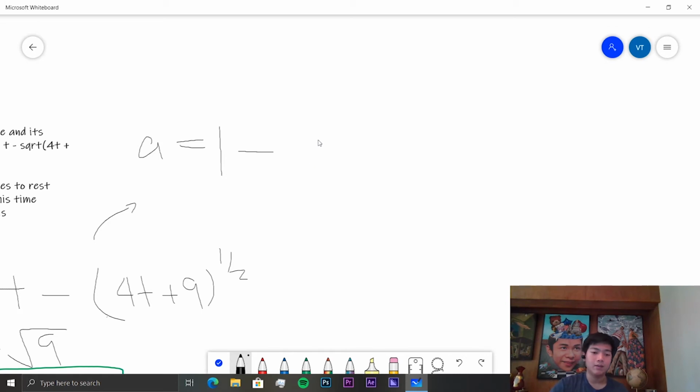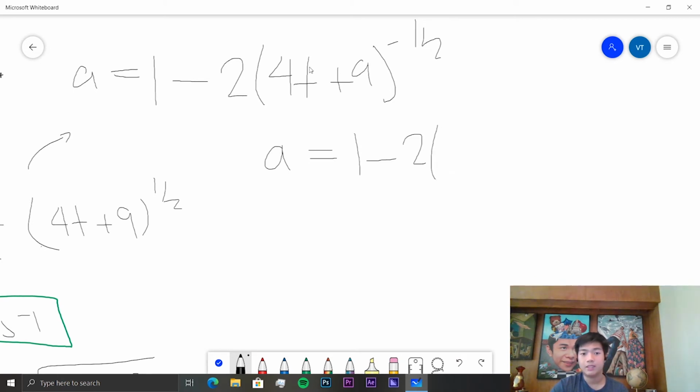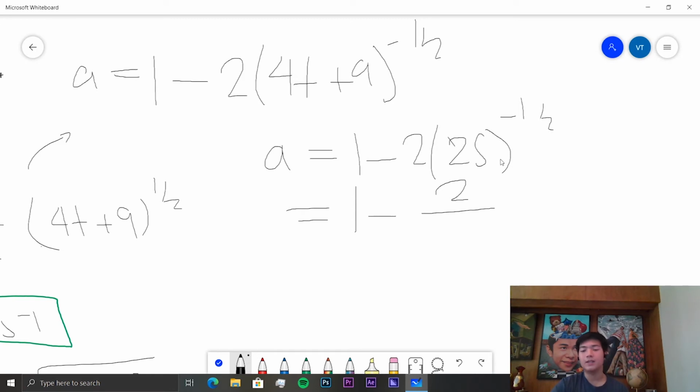So this would be 1 minus 2 times (4t plus 9) to the negative 1/2. And so when t is equal to 4, the acceleration is 1 minus 2 times (16 plus 9), so 25 to the negative 1/2. So this is equal to 1 minus 2 over 5. So this is equal to 3 over 5 meters per second squared.